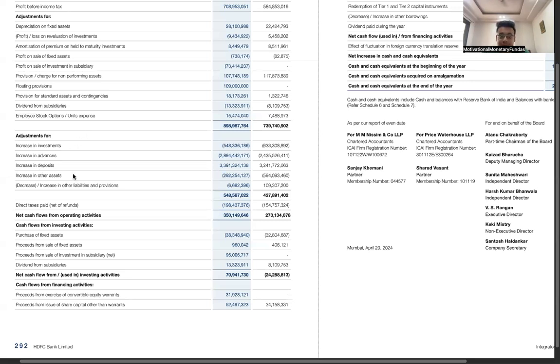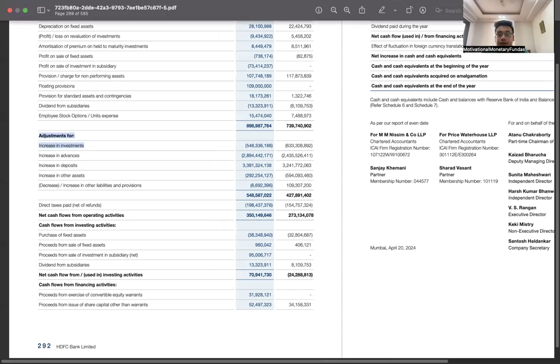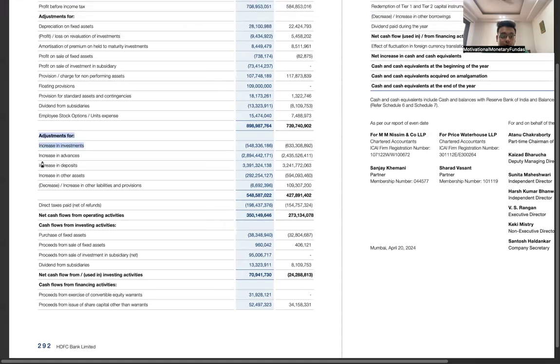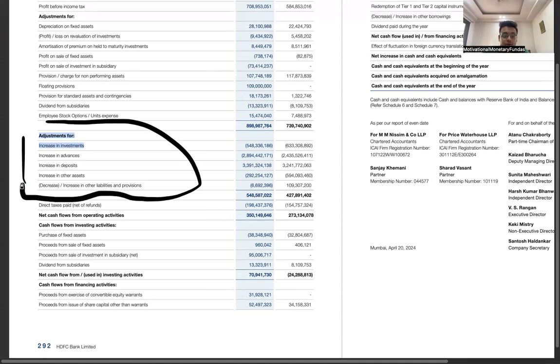Then you have some adjustments made for investments, for advances, because this portion is something that you will not find in other financial statements, cash flow statements, or they might be there, but in very less quantum, because they're not working upon deposits and investments. Like deposits तो बिल्कुल काम कर ही नहीं रहे, like investments में शायद कर रहे हो, right? But the thing is, the quantum of those things shall be very less.